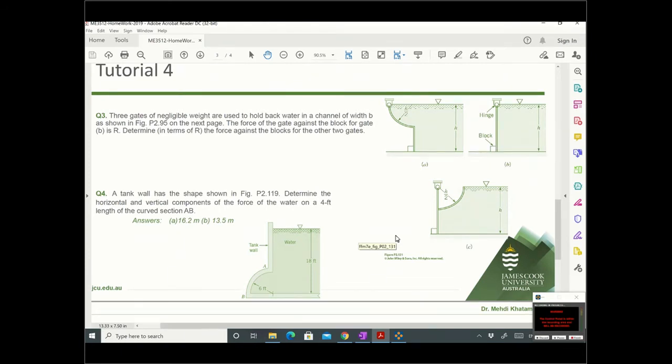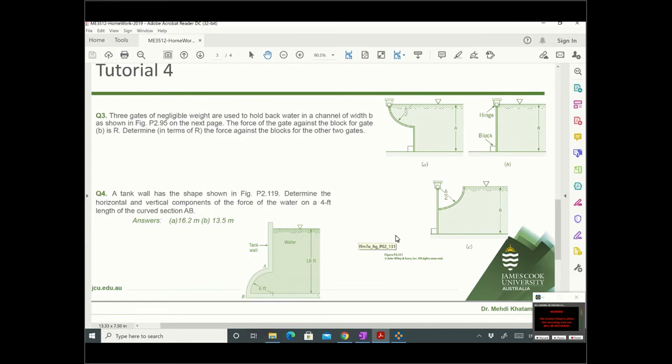So this is the normal formula. We have solved a lot of these types of questions. We will have pressure from one side, and the block is supposed to stop the gate from moving that way. Just in terms of H, so it's like parametric solving.